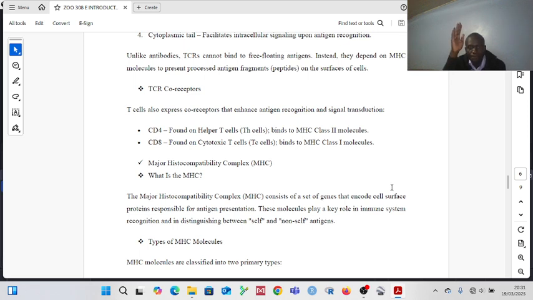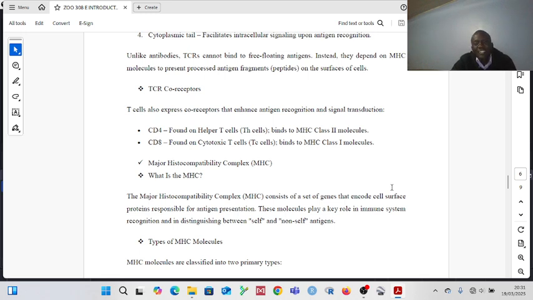So the importance of these MHC molecules is it plays a very key role in the recognition of what is self and what is not self. So the antigens that are self and the antigens that are non-self.